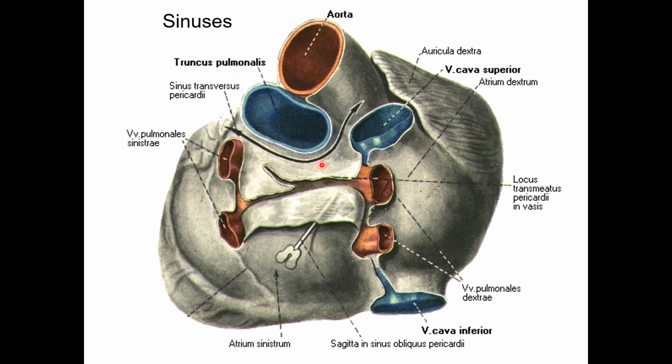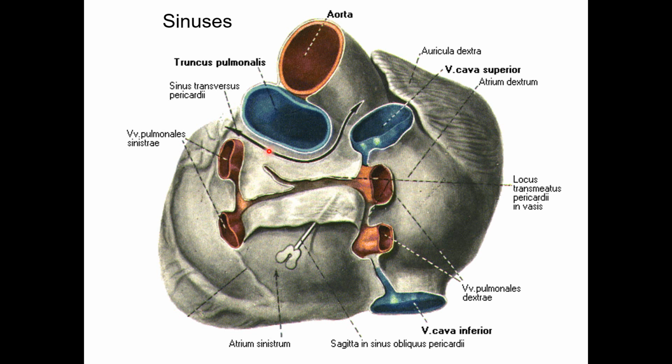The two other layers are the visceral and parietal pericardium, which are the serous layers. These are the layers which will secrete the pericardial fluid. The layer which covers the heart immediately is the visceral layer. When it reflects to become away from the heart, this is called parietal pericardium.